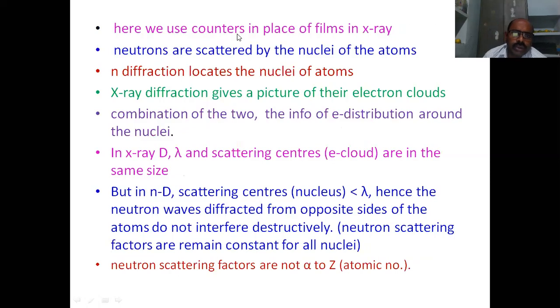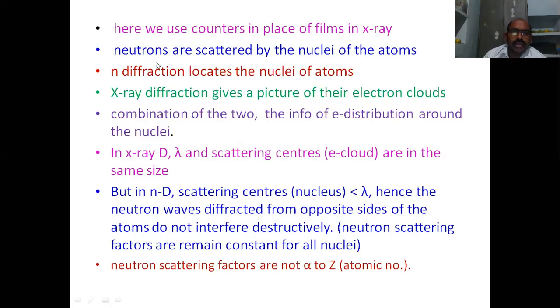Here we use counters in place of the photographic films used in X-ray, where the reflected rays are observed using films. In neutron diffraction we use radiation detector counters.